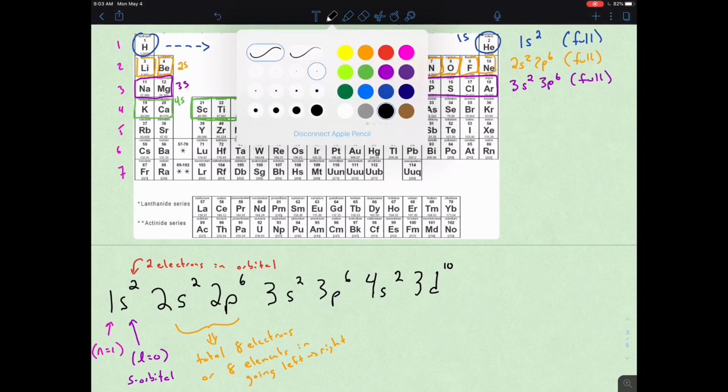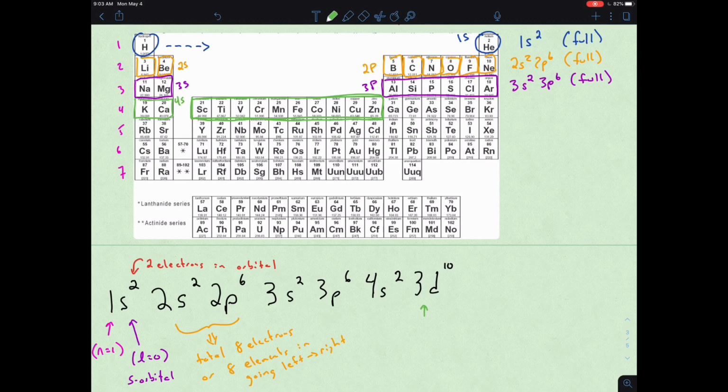And so what we have to understand is, the first time you have a d orbital is in the n equals 3 level. So that's why we must have the 3d at this point. This is definitely a problem with students because we're in that fourth row. We see the pink 4 over there. We filled in the 4s already. Why isn't this the 4d?